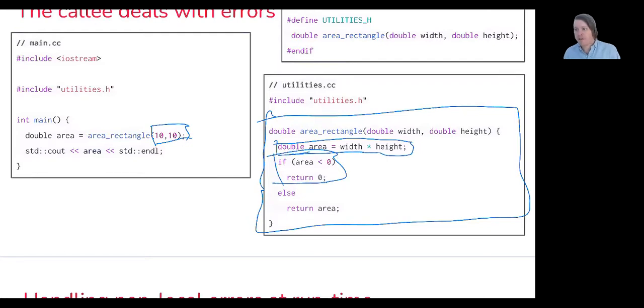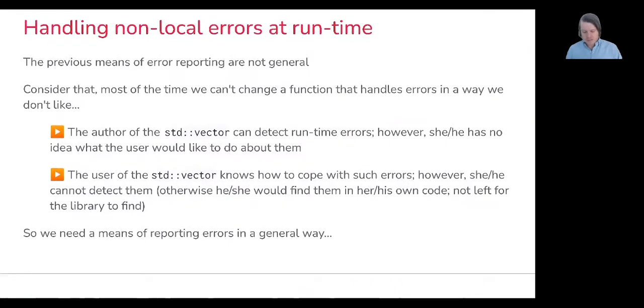This will happen frequently whenever you're interacting with, say, library code. You won't have access to change the definition to your liking. You're going to have to deal with what was dealt to you. So the question becomes, okay, if we can't change a function that handles errors in a way we don't like, what options do we have?